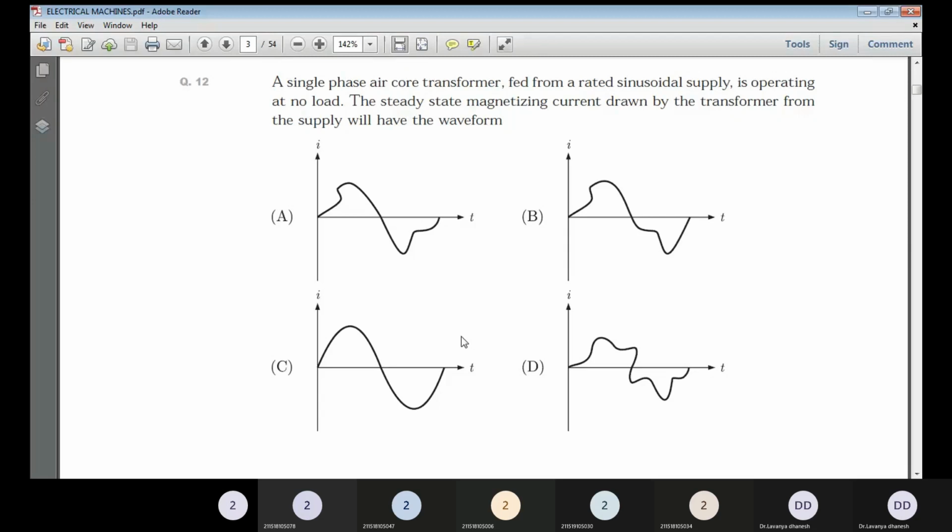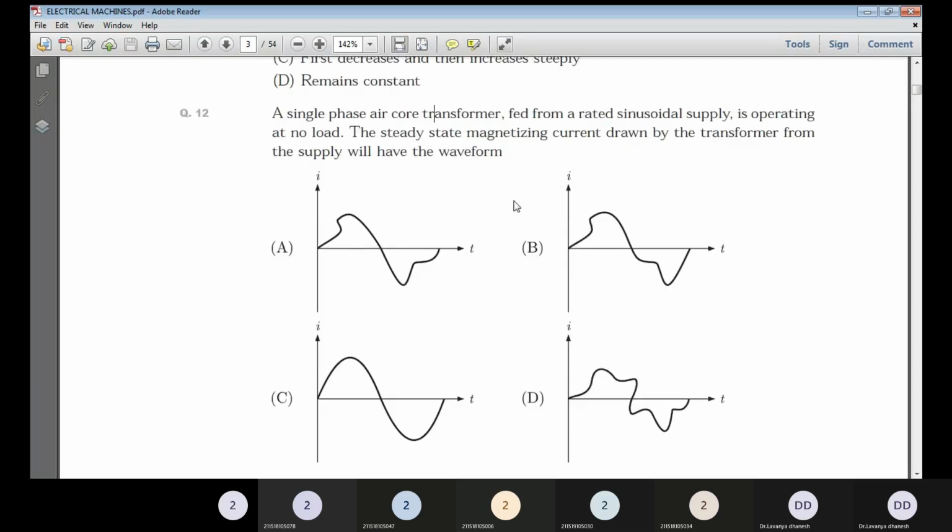Which implies that the magnetizing current characteristics will be perfectly linear.